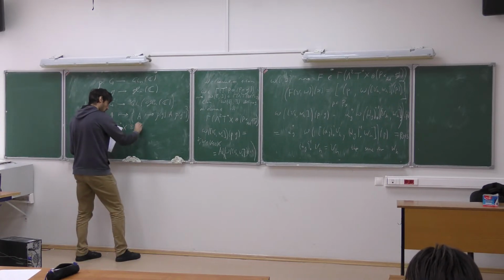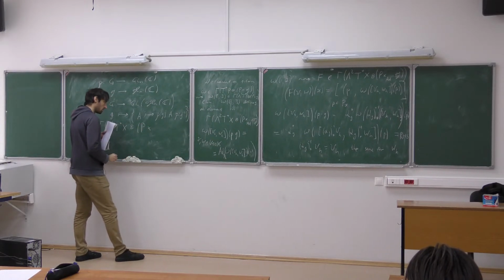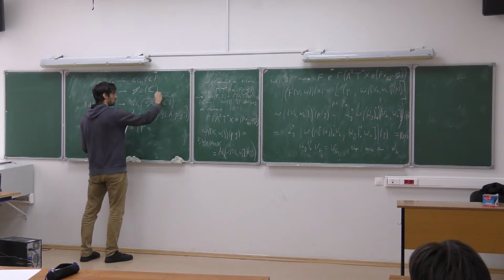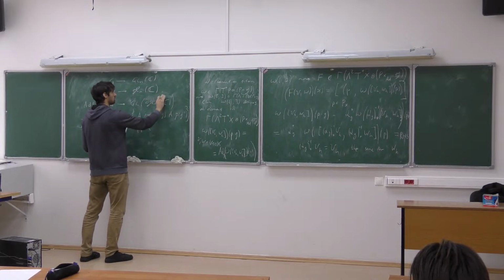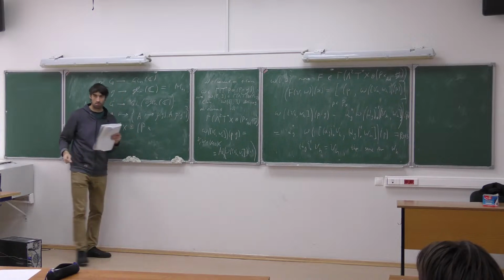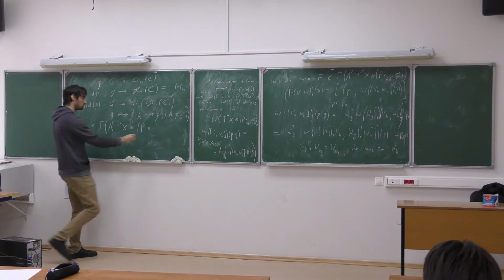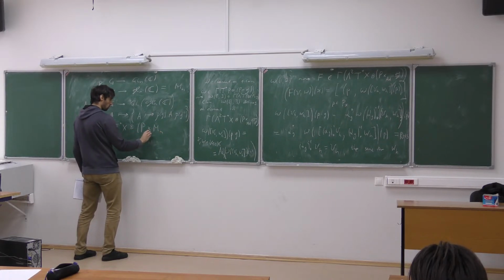It is with values in P times, okay, let me denote this thing by Mn. So these are n by n matrices with complex entries. So P times Mn over this action, Ad rho.